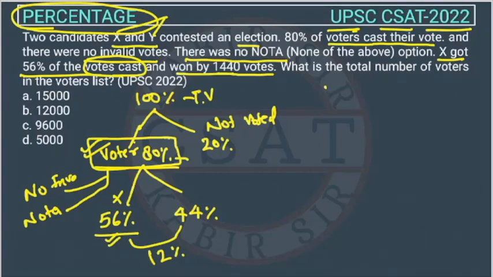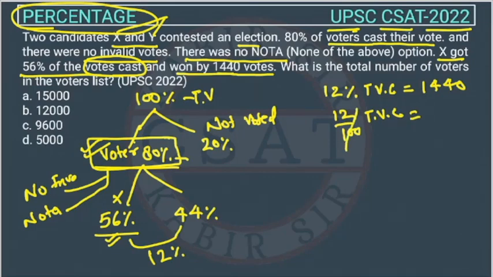So they have given that X is winning by 12% of the votes. Whatever votes were cast, he is winning by 12% of them, and what is given is that 12% of total votes cast is equal to 1440, right? So this will be 12% of total votes cast, and this will be 1440.